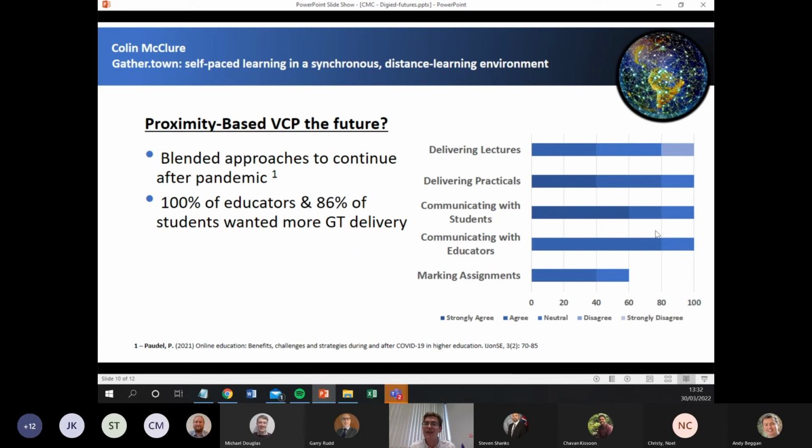The educators were very keen to keep using this in terms of lectures, but they were very, very keen here, 100% saying that they would use it in future for delivering virtual practicals or online practicals, and even using it to communicate with students. So we know after pandemic and post-pandemic, we're going to be looking forward to a blended approach to our learning.